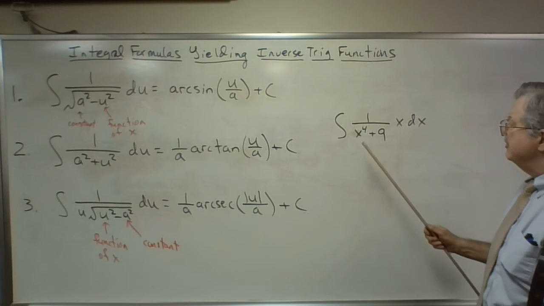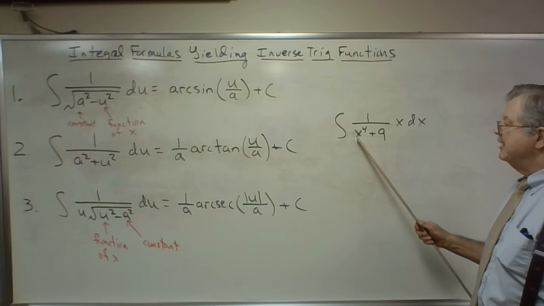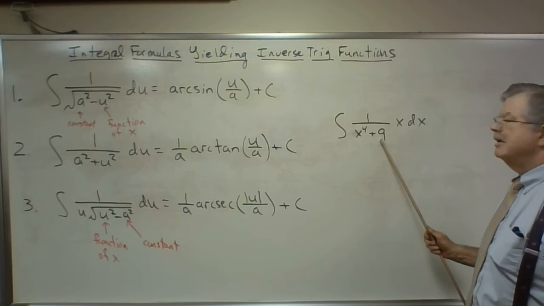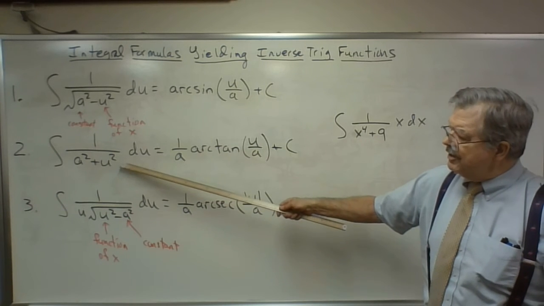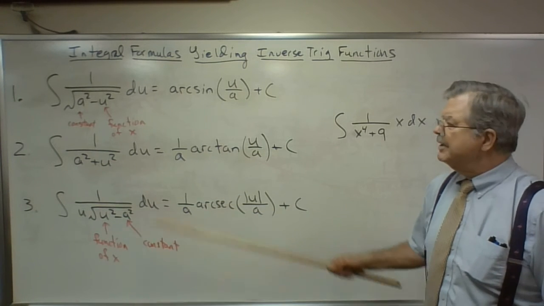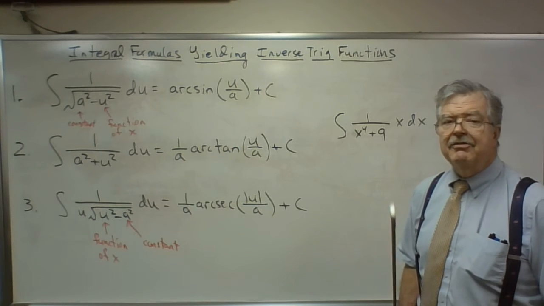Suppose we have something like this. 1 over some function of x squared plus some constant squared. Can we use this formula? Should we try to use this formula? And the answer is yes.